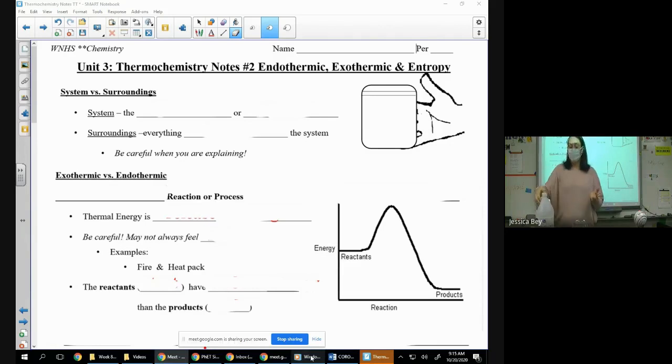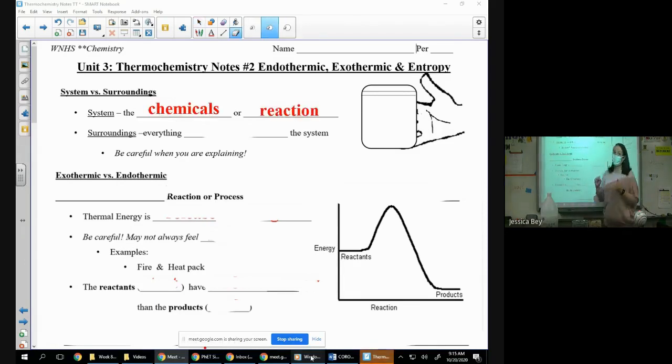What I wanted to point out is the actual chemicals doing the reaction, the baking soda itself and the vinegar itself reacting together. That is called the system. The system is the chemicals or the reaction itself.